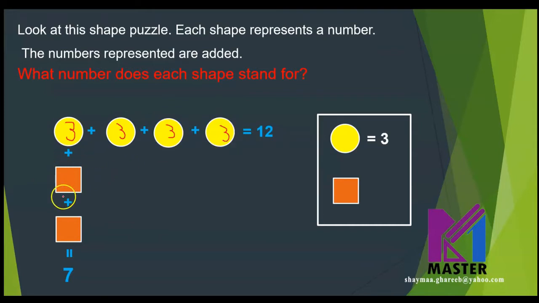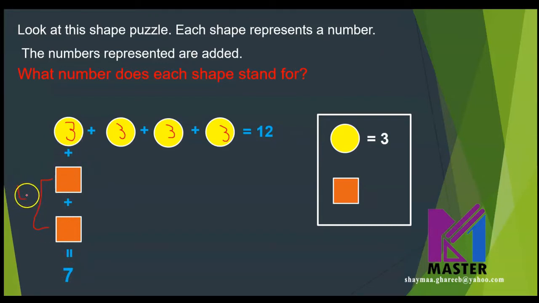Now, in order to get the value of the square, I know that this circle equals 3, plus 2 squares equals 7. So I need to find the value of these 2 squares together. So 3 plus what gives 7? 3 plus 4.